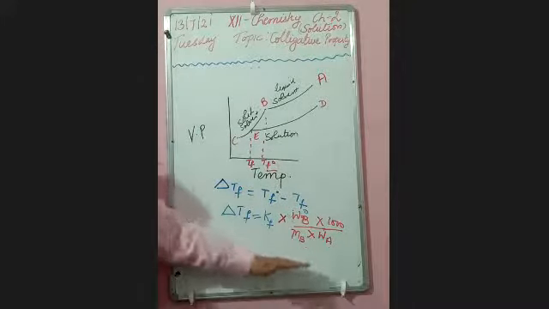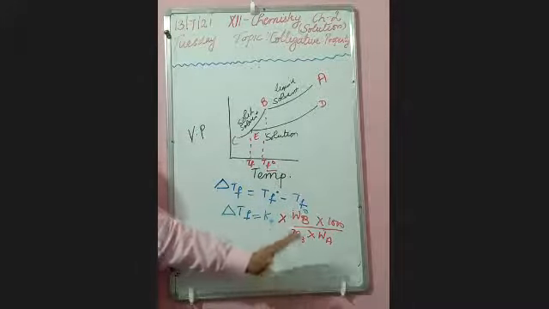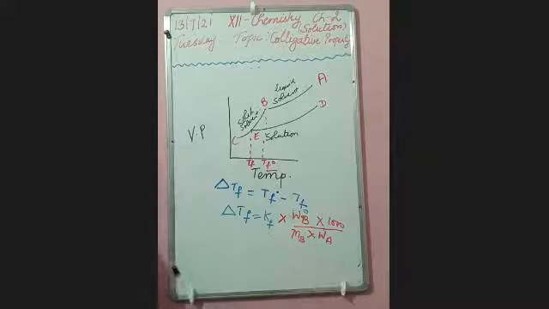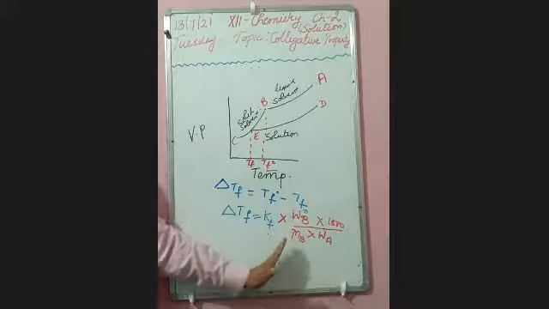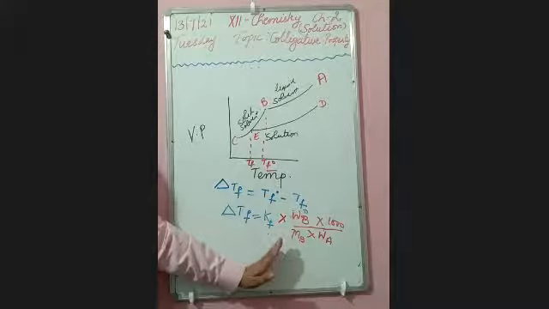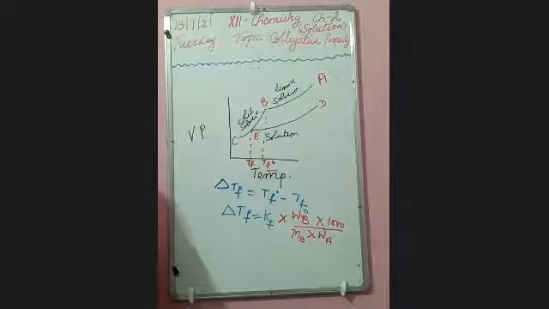From this equation, you can see it depends upon the amount of the substance. That's why it is a colligative property. I hope it is clear to you. Is there any doubt? Please let me know. Otherwise, raise your hands fast.